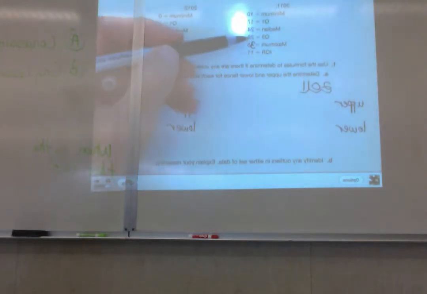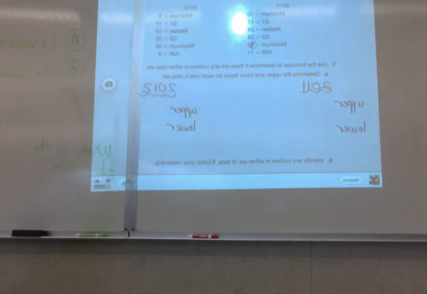Okay, upper fence. We need to look at Q3, and it's bigger than Q3. Would it be better with a picture? Or would it be better as a table? I did it kind of in table form, but you might like it with a picture. Table. Okay. You would just want a table, because that's what we have written down.